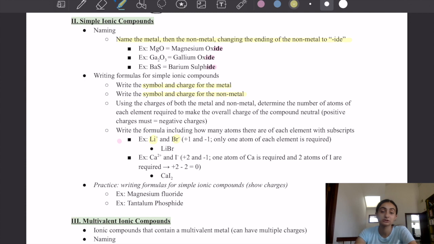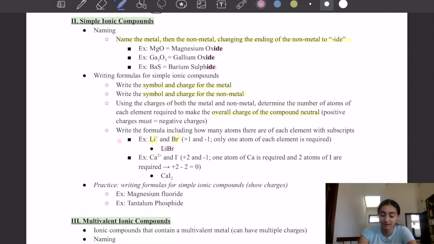Then you're going to use the charges of both the metal and the nonmetal to determine how many atoms of each element you need in order to make the overall charge of the compound neutral. Because remember, compounds, unless they're polyatomic ions, are neutral. So I only need a +1 and a -1 in order to have a neutral charge. So the compound would be LiBr.